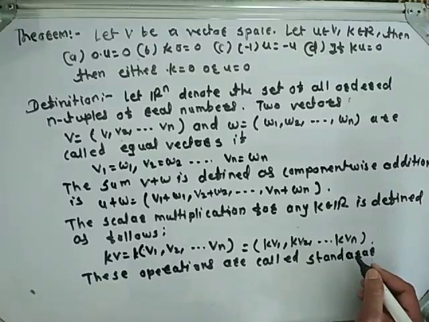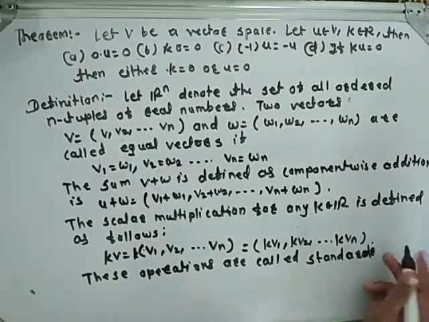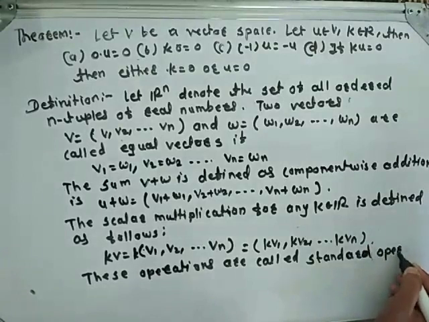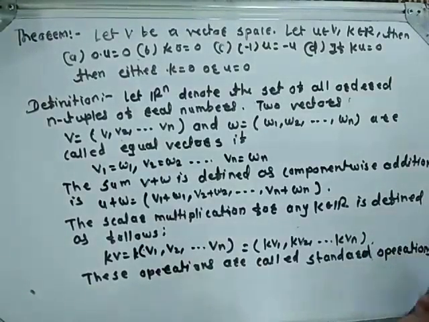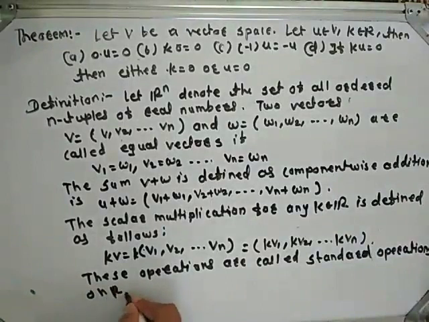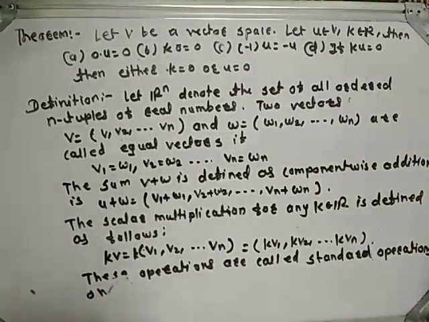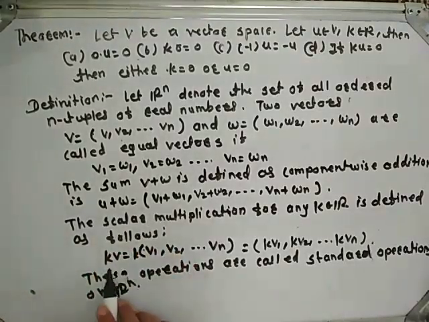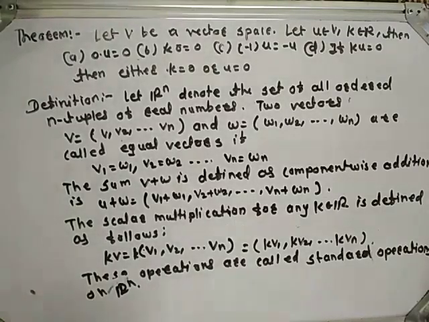That is, addition and scalar multiplication are called the standard operations on Rn. Now we will see some examples of sets which are not vector spaces.